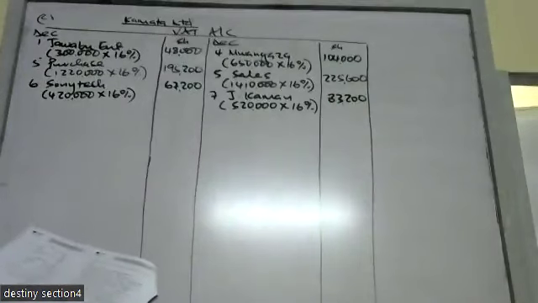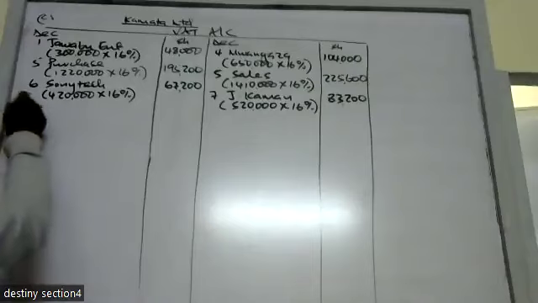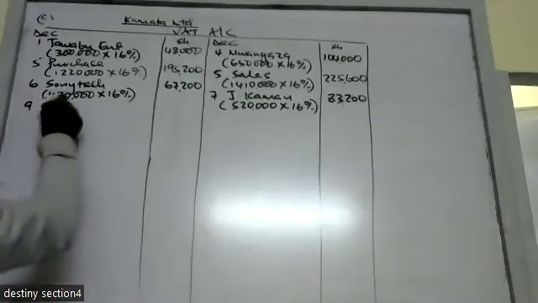So the next date in order should be date 9. Now date 9 is in the cash book, and apparently we only have one date 9. It's talking about payment of an electricity bill. So the electricity bill is subject to VAT. So we come here, date 9, there is a debit, electricity.